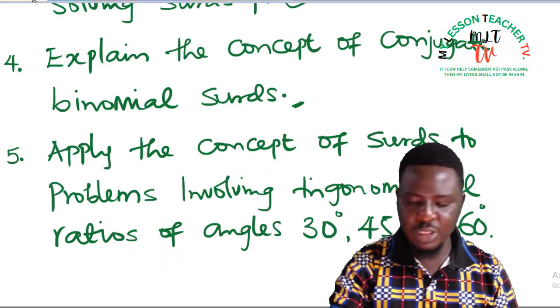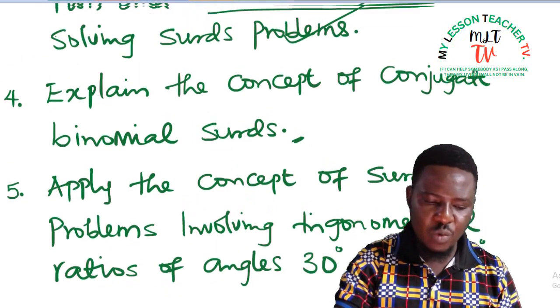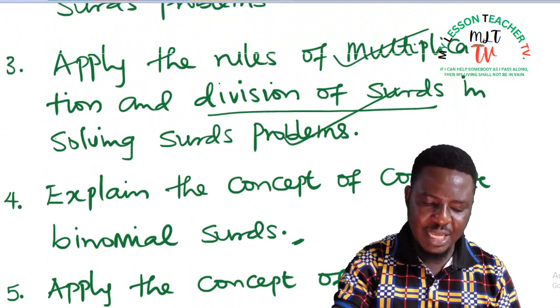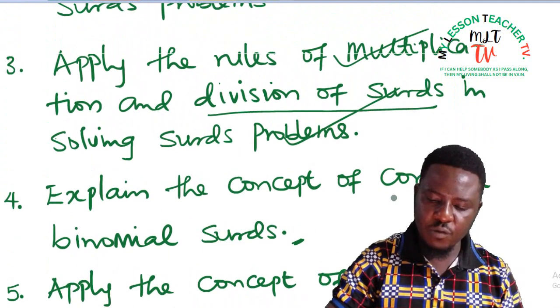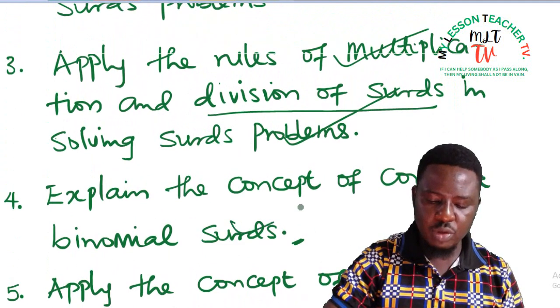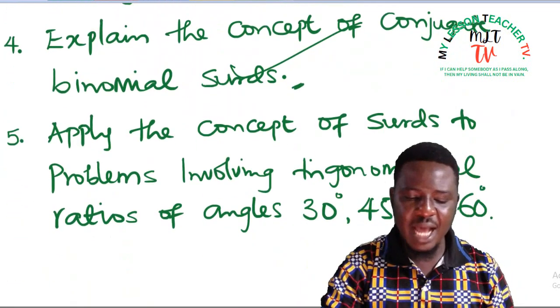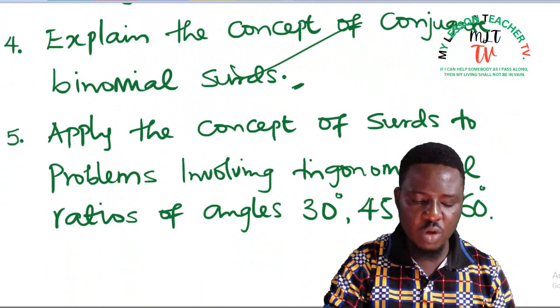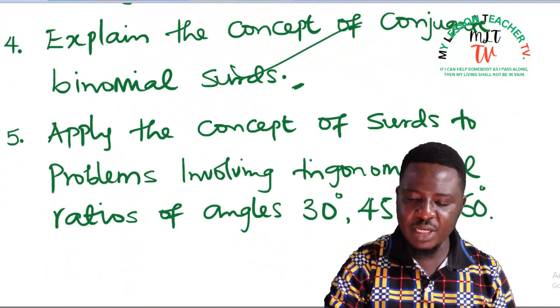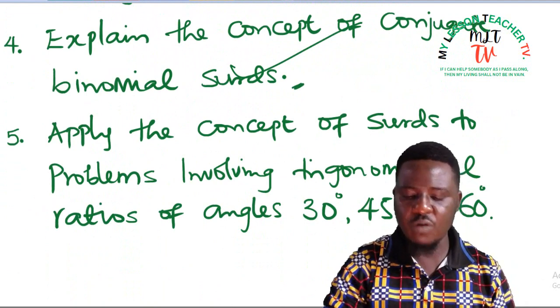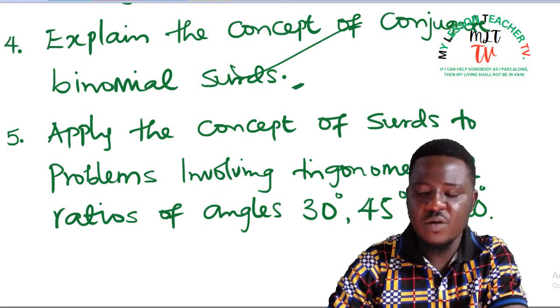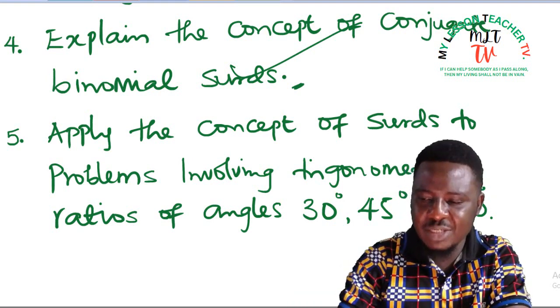In today's class, we have been able to explain the concept of conjugate binomial SURDS. And in our next class, we shall be looking at the application of the concept of SURDS to problems involving trigonometrical ratios of angles 30 degrees, 45 degrees, and 60 degrees.